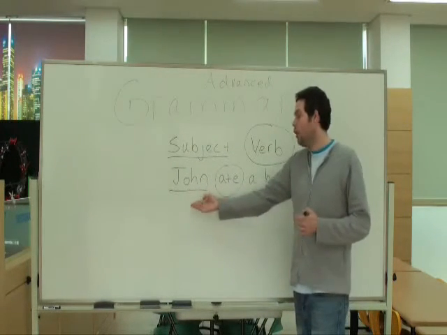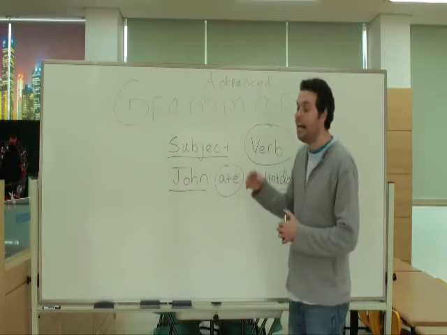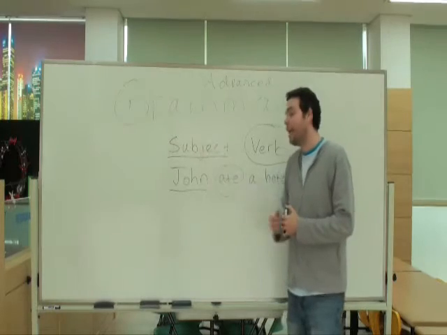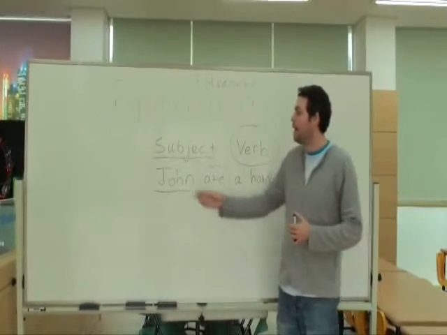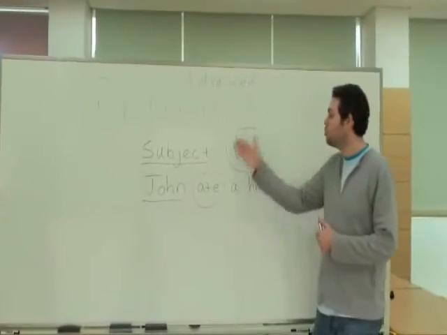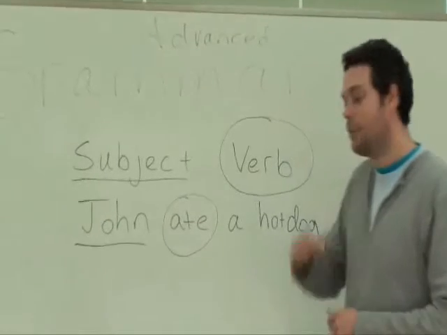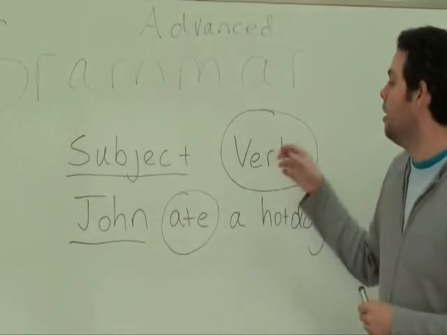And that sentence is, John ate a hot dog. And I went ahead and highlighted the subject, and I highlighted the verb by underlining the subject, which is John, and circling the verb, which is ate. And let's just look a little bit deeper.